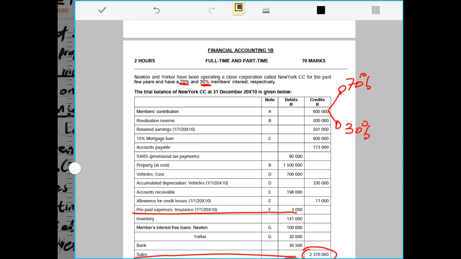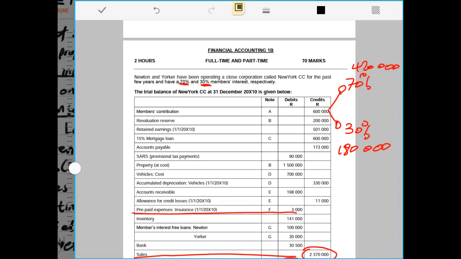So if we say 600,000 rands of the members' contribution times 70%, that will give us 420,000 rands, which is the contribution by member Newton. The second one will be 600,000 rands times 30%, that will give us 180,000 rands. That means the 30% contributed by Yoka is 180,000 rands.